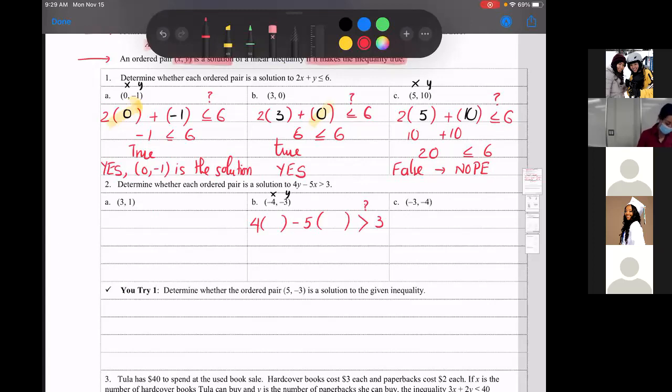So 4 times -3 here, and then -4. 4 times -3 is -12. -5 times -4 is +20. -12 plus 20 is 8. Is 8 greater than 3? True or false? True. So it is a solution.